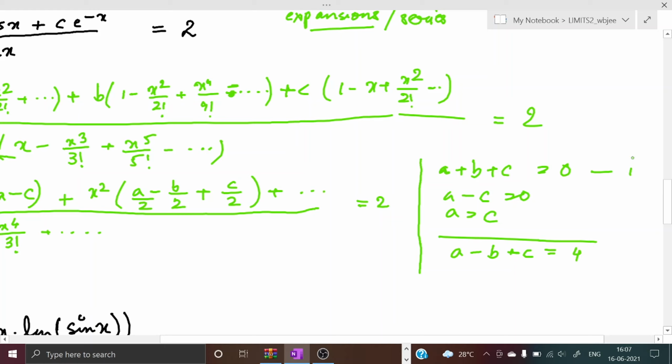So this is your equation 1, this is your equation 2, this is your equation 3. After solving all the three equations, we will get a equals to c equals to 1 and b equals to 2.